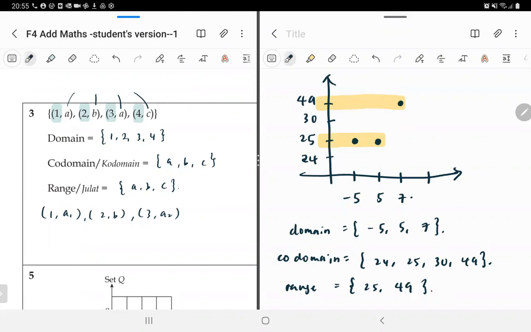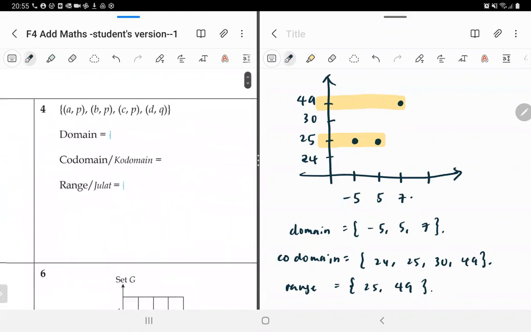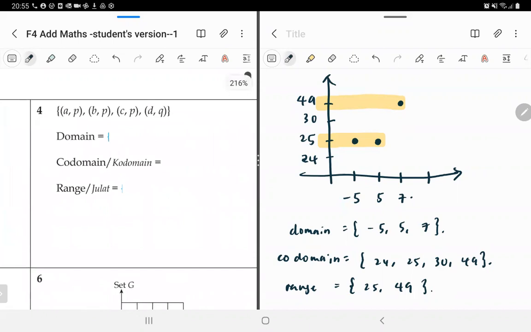Okay, let's see this one. Set notation, question number 4 here. What will be the domain? Can you tell me? What will be the domain? Correct.